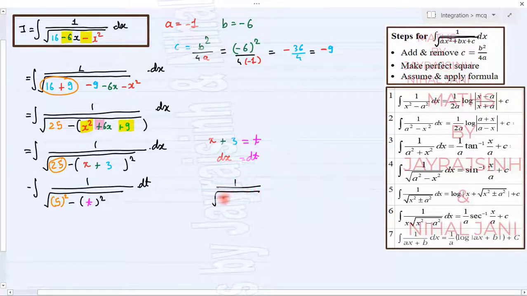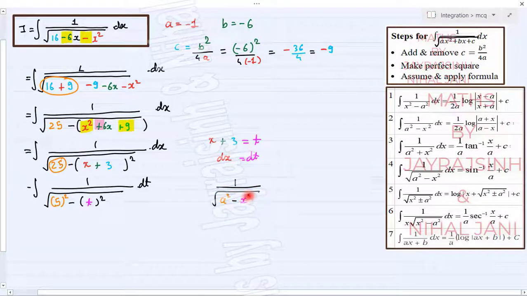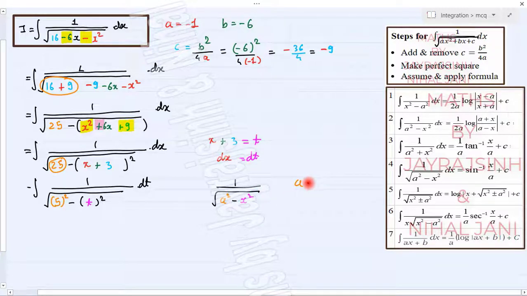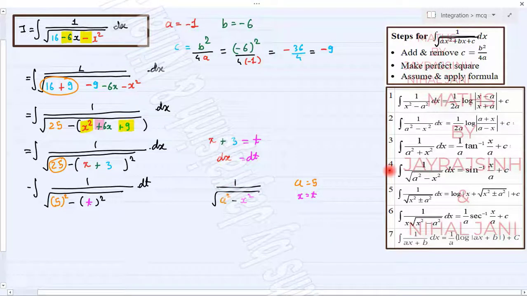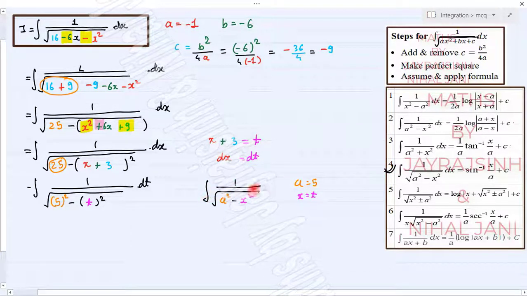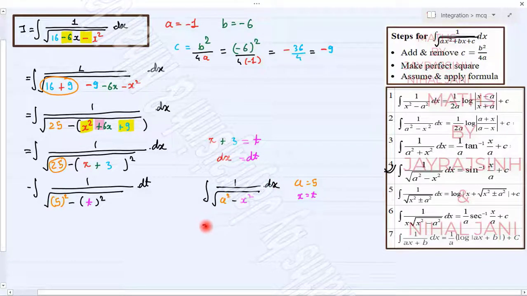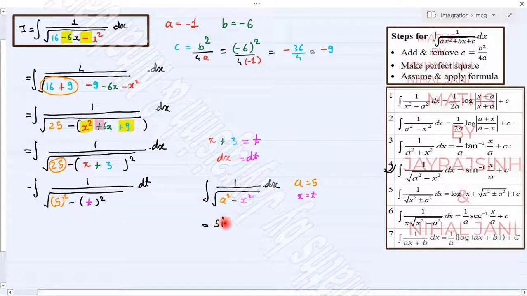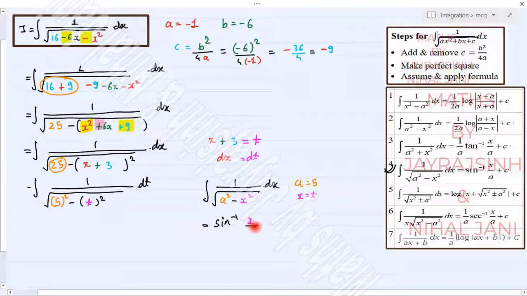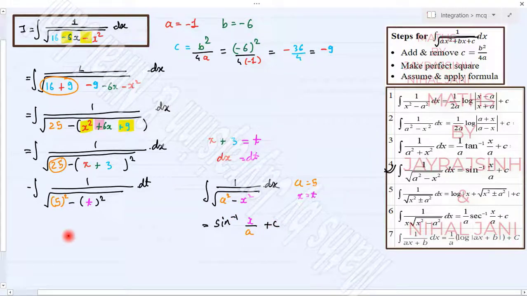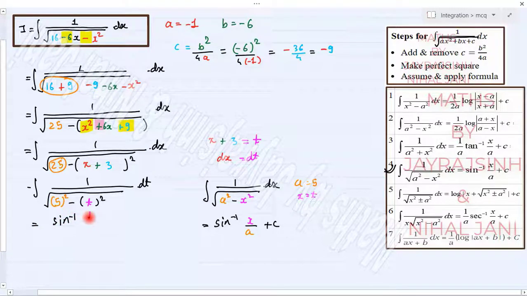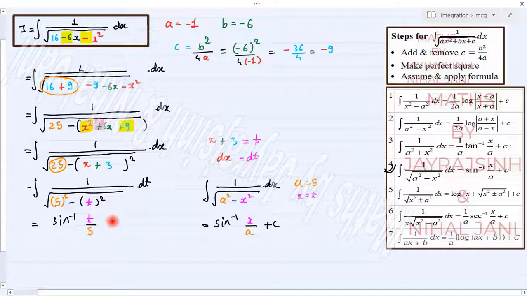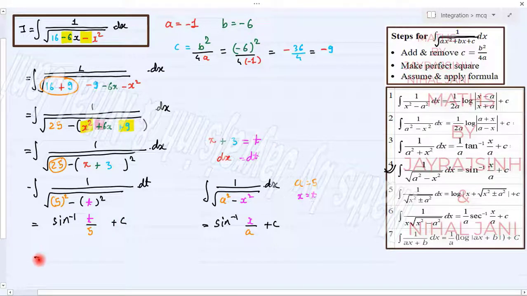So here we get 1 upon under root of a square minus x square form, where your a is 5 and x is t. And using the fourth formula, we can say its integration is simply sine inverse of x by a plus c. So here we'll get sine inverse of t by 5 plus c.